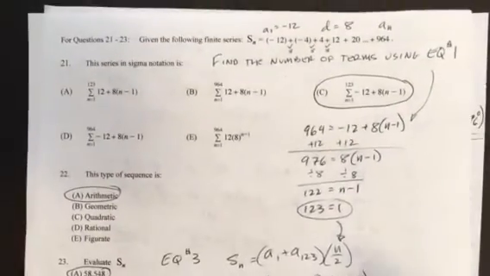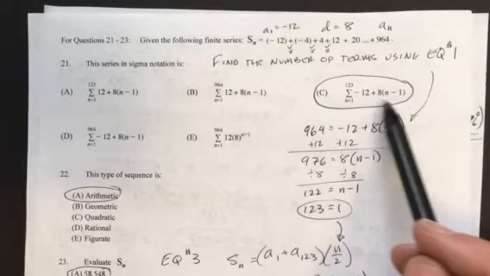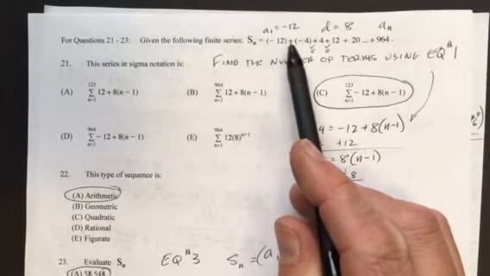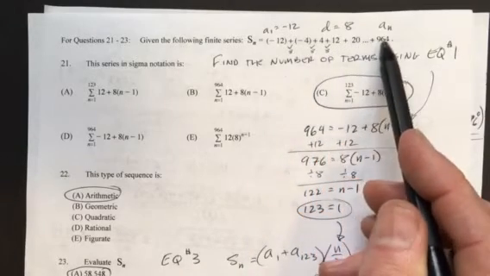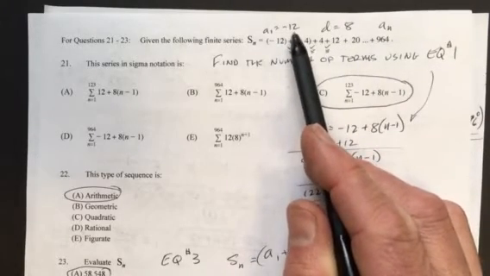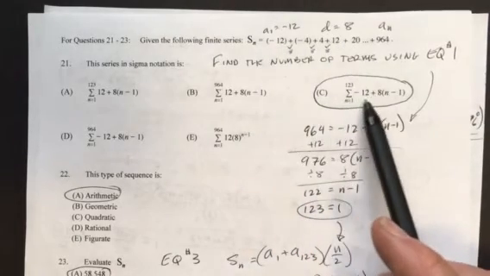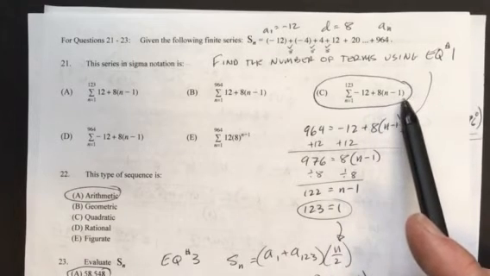On to sigma notation. Which one of these forms of sigma notation will be correct to match with -12 plus -4 plus 4? This is going up by 8 each time. It's starting at -12. That means it's arithmetic. And the formula for arithmetic is right here. The first term, the common difference, and n minus 1.